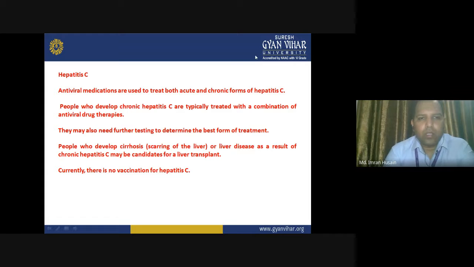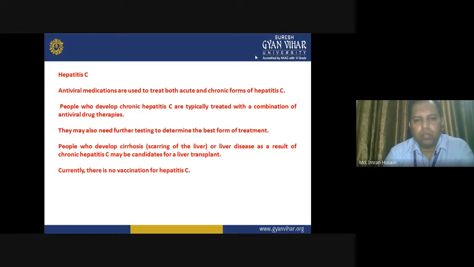Hepatitis C. Antiviral medications are used to treat both acute and chronic forms of hepatitis C. People who develop chronic hepatitis C are typically treated with a combination of antiviral drug therapies. They may also need further testing to determine the best form of treatment.